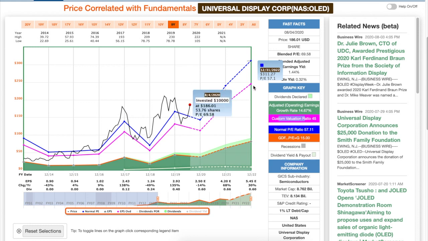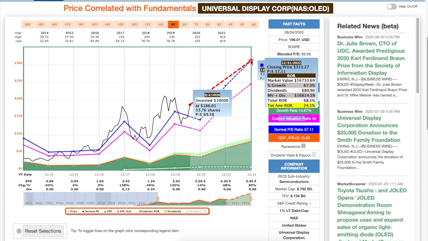But if the company goes to the normal PE ratio of 57, you could see a 24% annual rate of return, and the dividend yield return model came in at 24.1% as well. So that's quite interesting there.